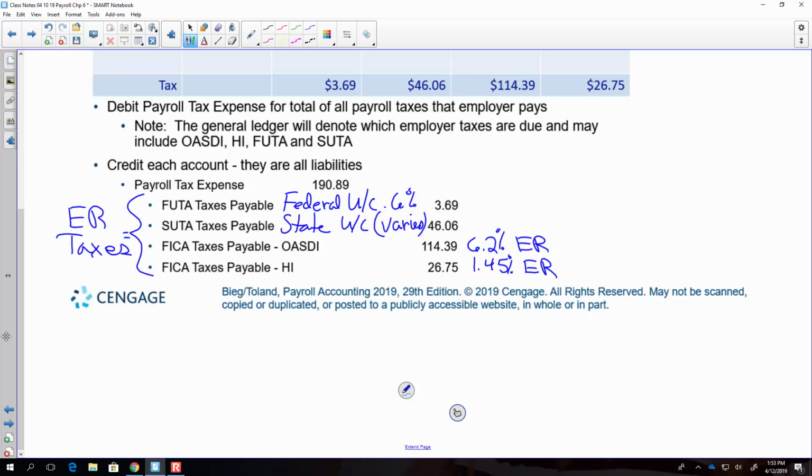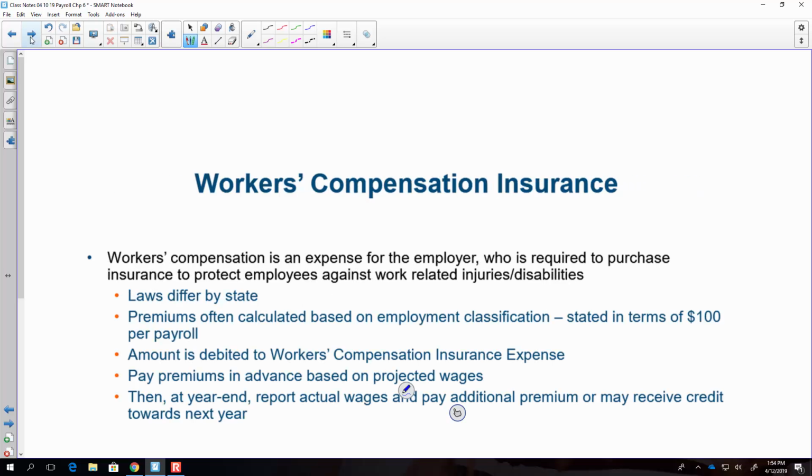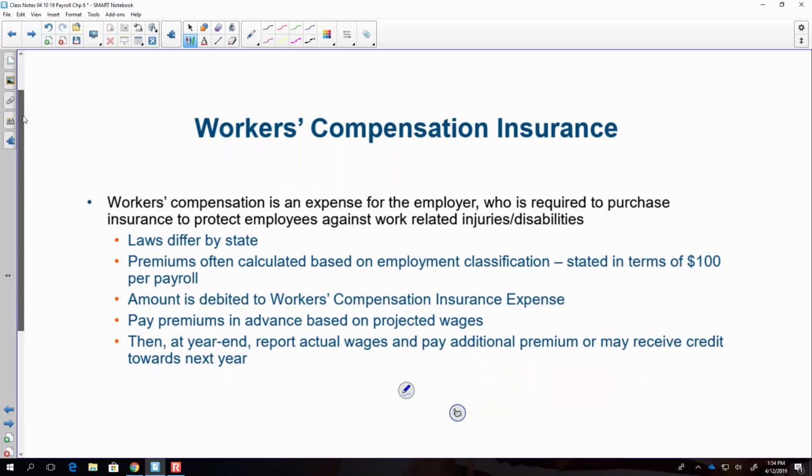And the sole debit for all of these payroll taxes is called the payroll tax expense. So on page 620, actually we talked about 620 and 621. They really don't show the posting to the general ledger. So I'm going to have a problem shortly on that. So let's just quickly cover what's left in Chapter 6.